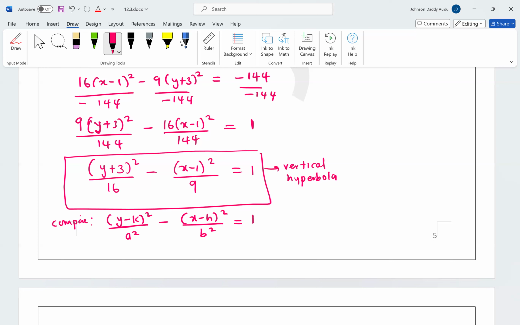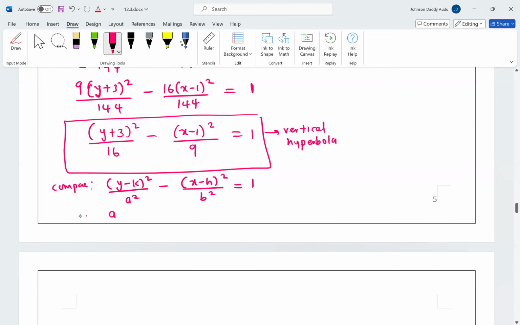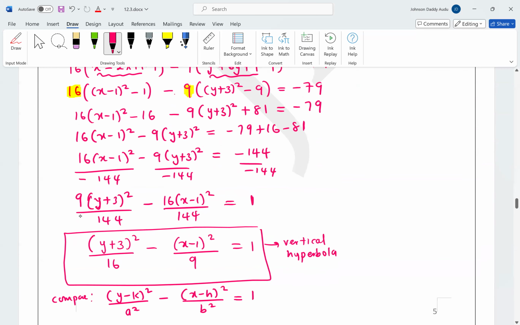It simply means that a squared is equal to 16. Or let's even start with (h, k).